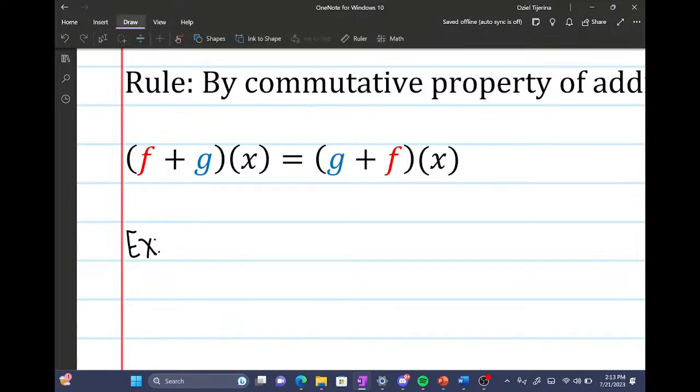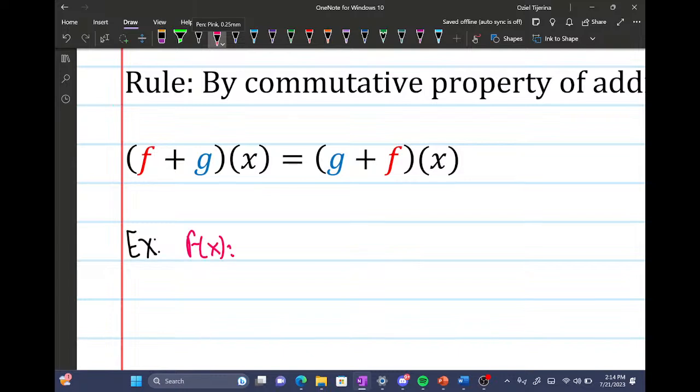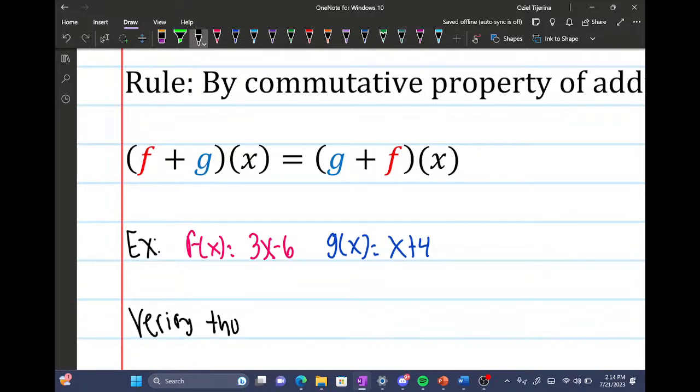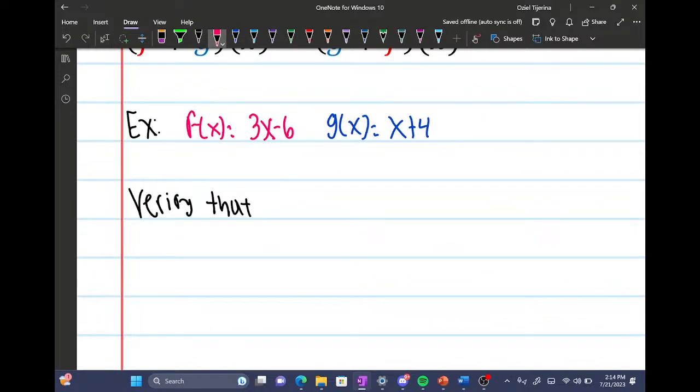Let's say that f of x is equal to 3x minus 6, and g of x is equal to x plus 4. And then I want to say, verify that f plus g of x is equal to g plus f of x.